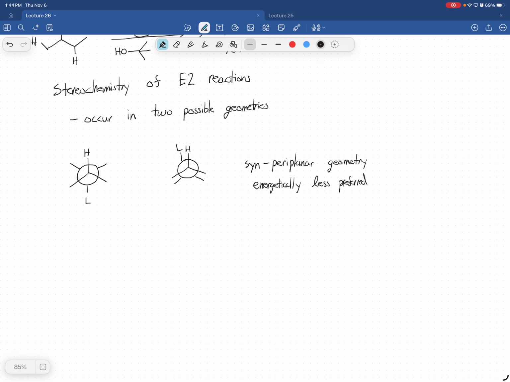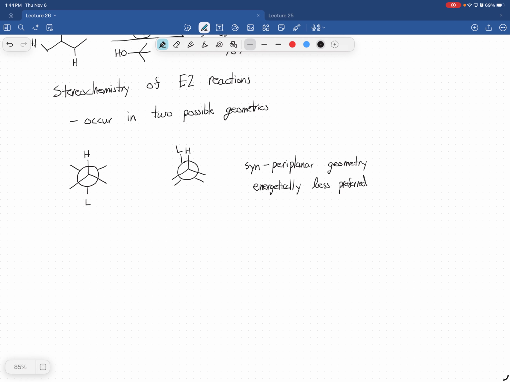Okay, so E2 likes to favor when H and the leaving group are anti-periplanar. So here we would call this anti-periplanar. Another way to say it is coplanar, but don't worry, they're anti-periplanar.